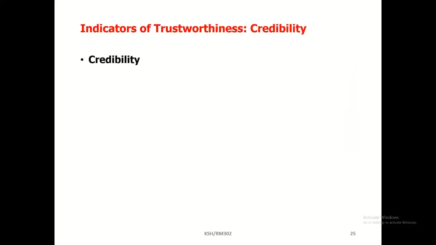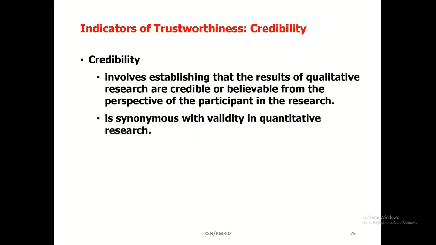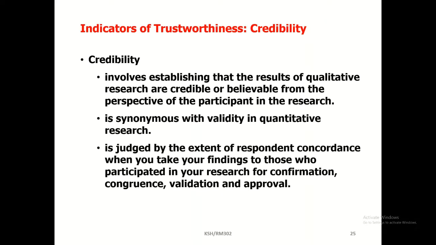The first indicator of trustworthiness in qualitative research is credibility. This involves ensuring that the findings of the qualitative study are credible or believable from the perspective of the participants. How can we judge the credibility? We look at the extent of your participants' agreement with your findings.